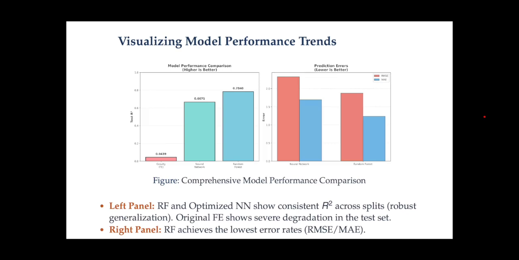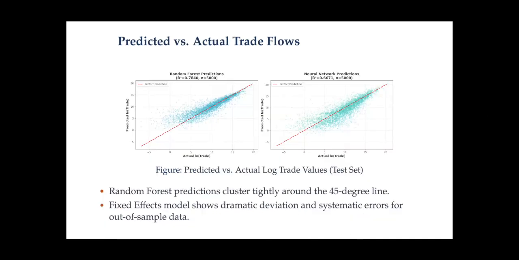Red one is RMSE, blue one is MAE. So in every measurement, random forest is the best performer we can see. And I plotted 2 different models, random forest and the neural network. We can see that the dots along the 45-degree line show random forest also has better prediction relative to the neural network.